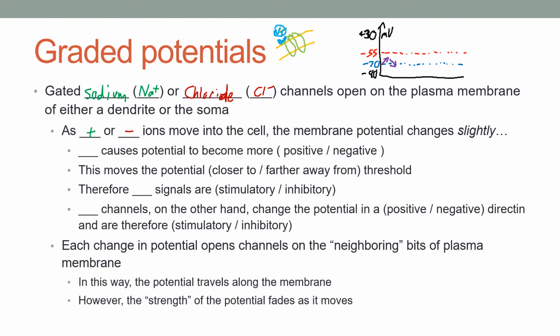As these ions move into the cell, let's say we have a negative ion that moves into the cell, you can expect the membrane potential to change slightly because we've added more negative ions to the inside of the cell.